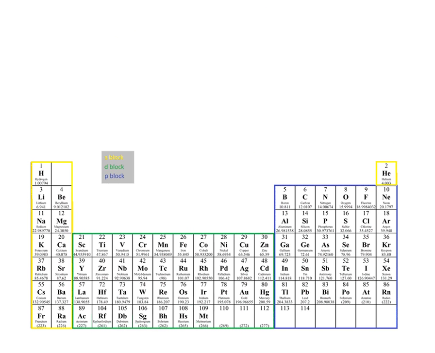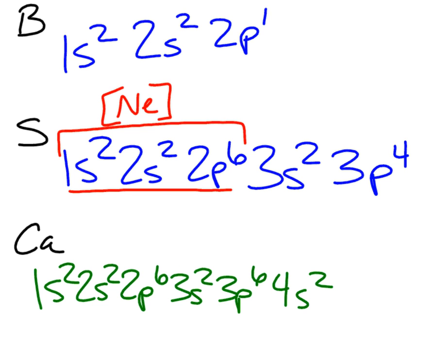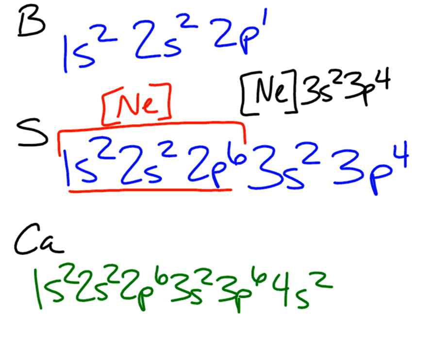When I look at sulfur right here, I can use the most recent noble gas as a shortcut, because if I indicate that neon, this right here is neon, and if I wanted to shorten things up, instead of having to write out everything that would get us to neon, I can just put neon in brackets, and then I'd go 3s2, 3p4.